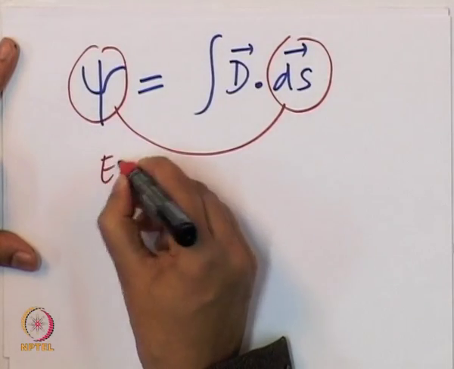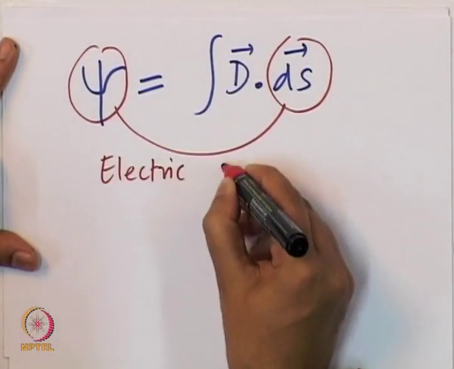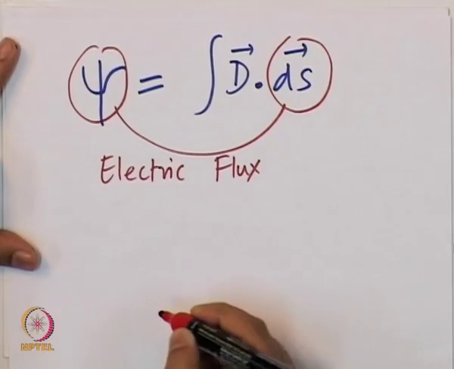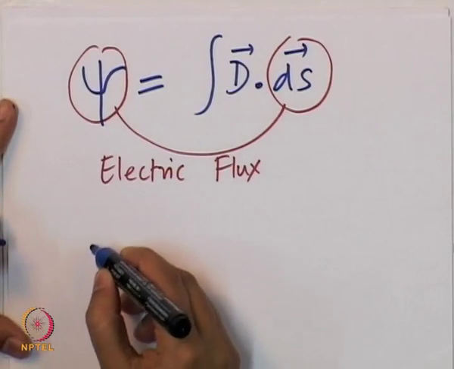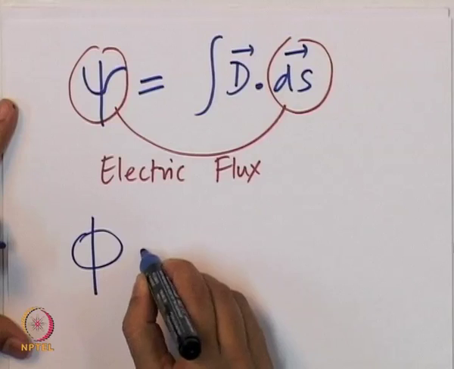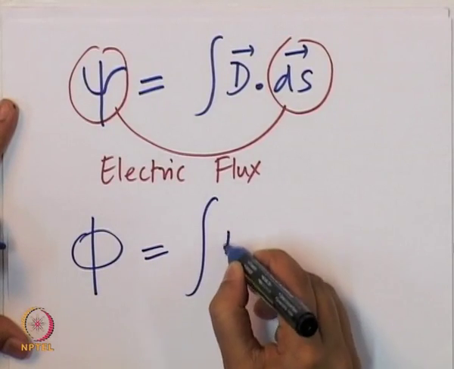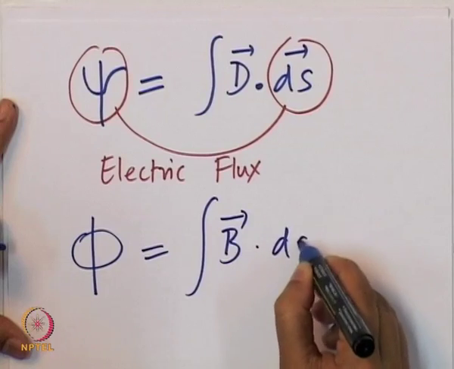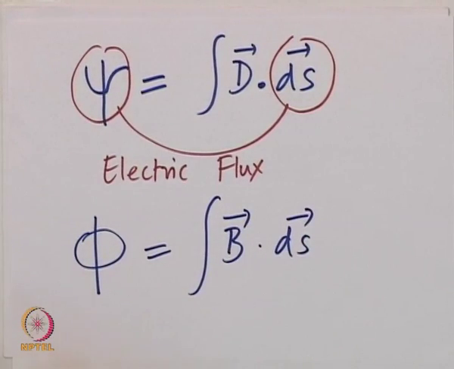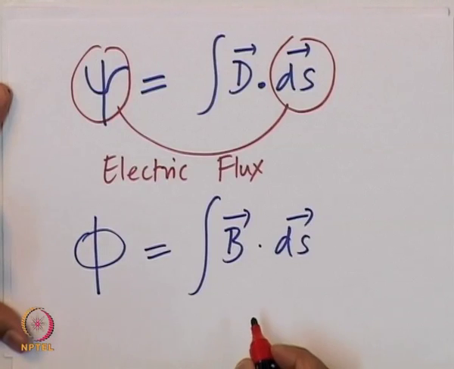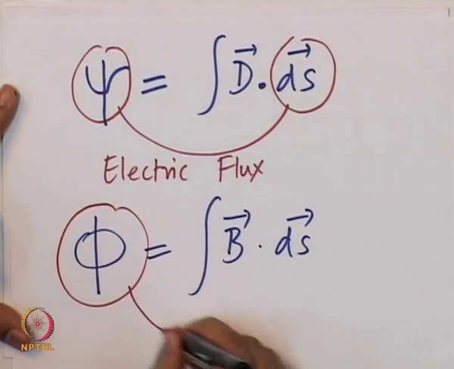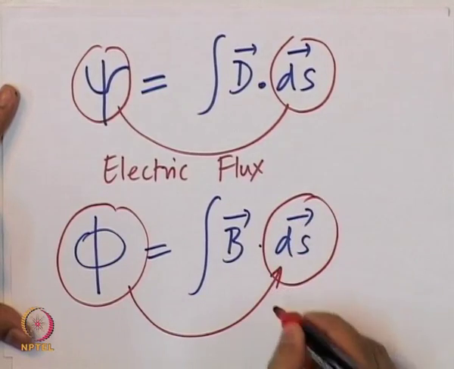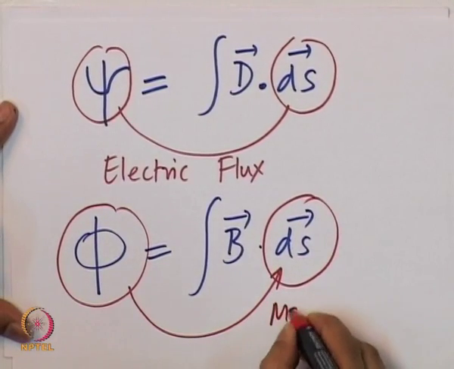So this is the electric flux. The next one is magnetic flux, which is written as capital Phi, integral B dot dS. It's also associated with the surface, and this is the magnetic flux.